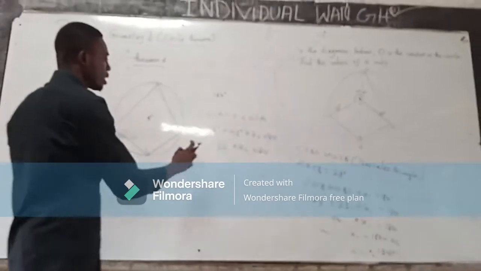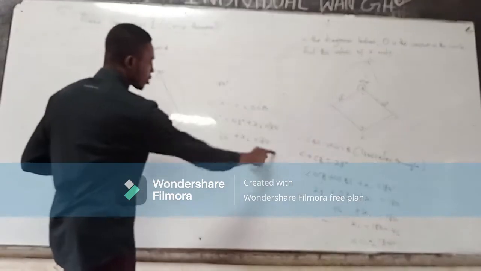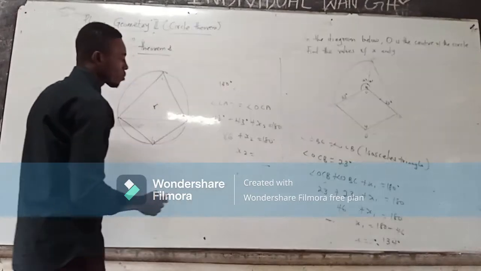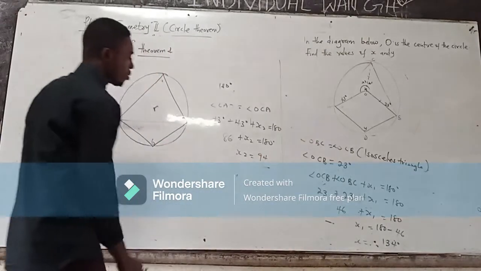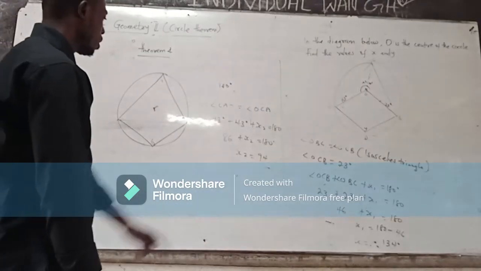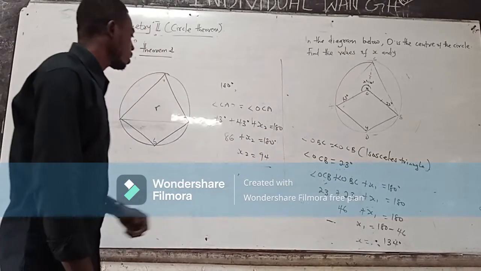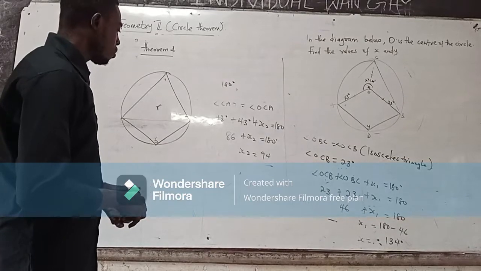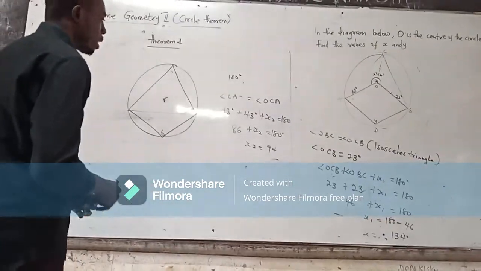Okay, let's omit the degrees first when we finish. So when we have to subtract this one, the x2 is going to be what? 94. I see that. So when you add this one to this, you are going to get 180. You add this one to this, you are going to get 180.